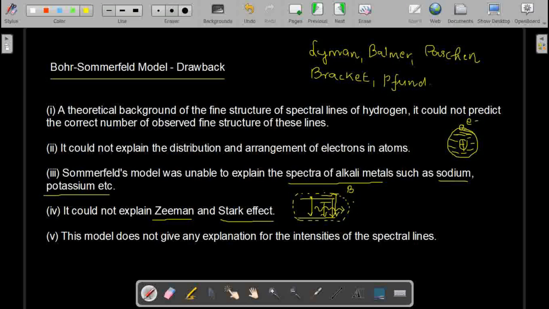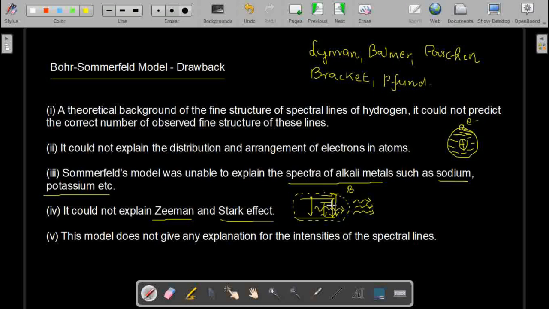So instead of one, there will be three radiations when we put it in a magnetic field. That's an example of a normal Zeeman effect. If there are more lines, it can be an anomalous Zeeman effect. So this again could not be explained by the Bohr-Sommerfeld model.